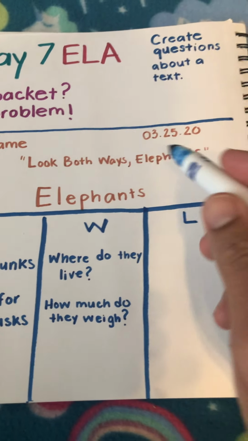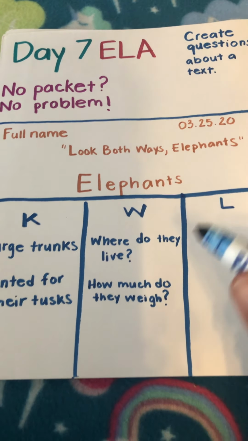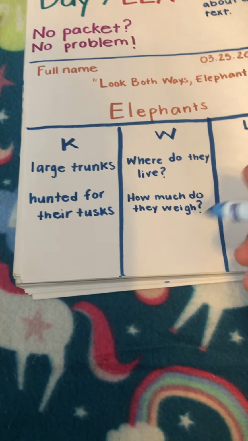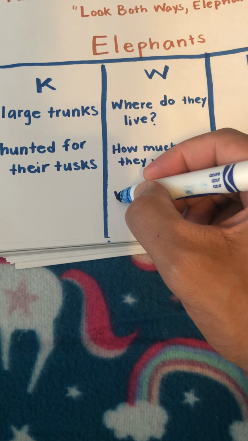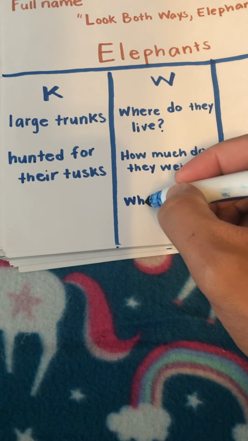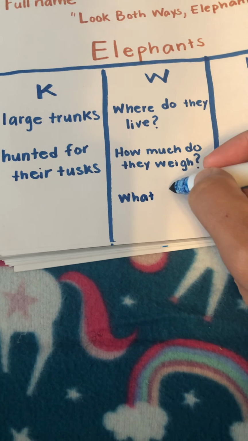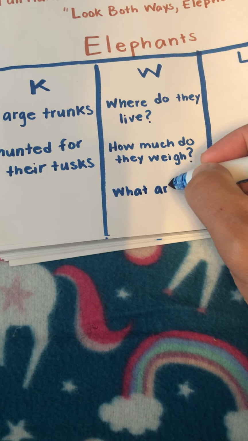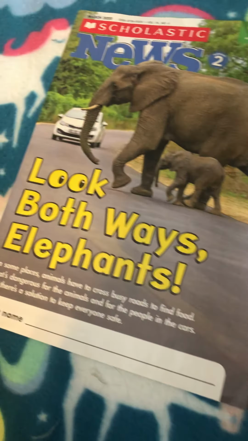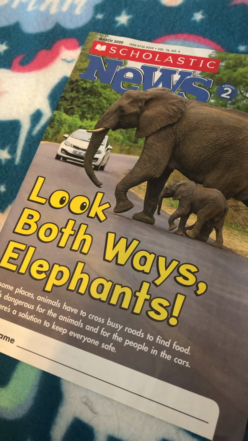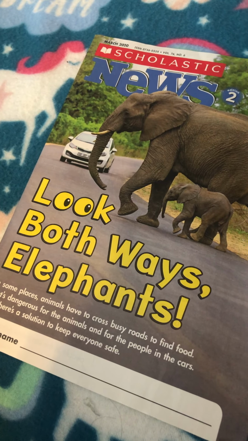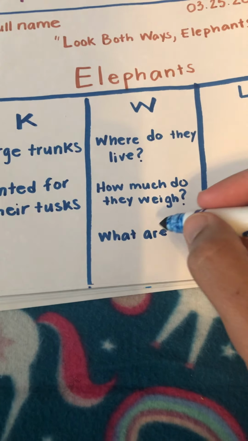The title of our article says, "Look both ways, elephants." I would have a question. What are they looking for? When I look at my cover, I might have an idea of what those elephants should be looking out for. But I'm going to write it down as a question here.